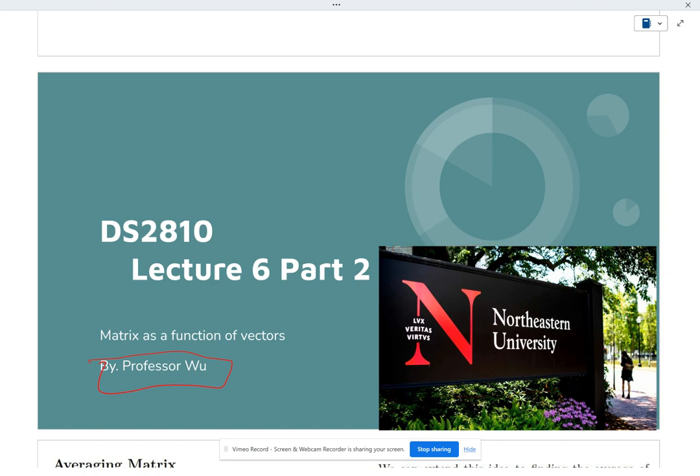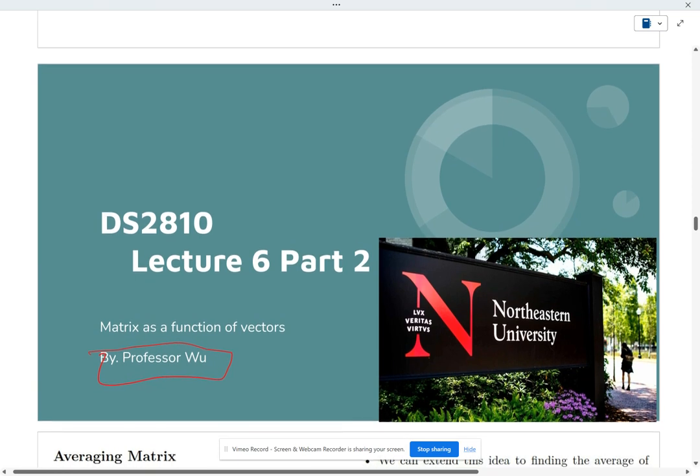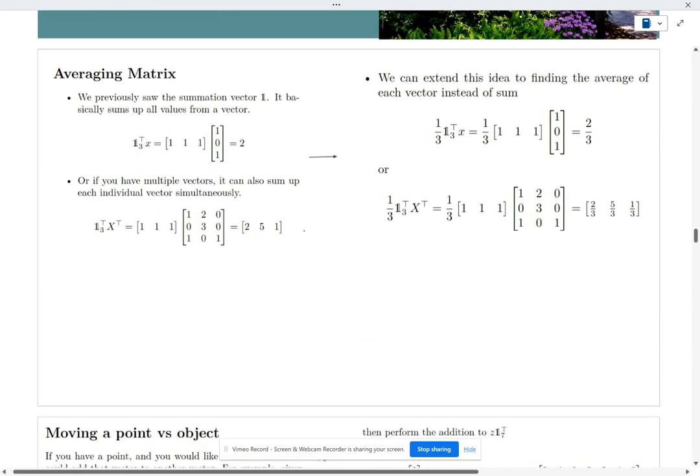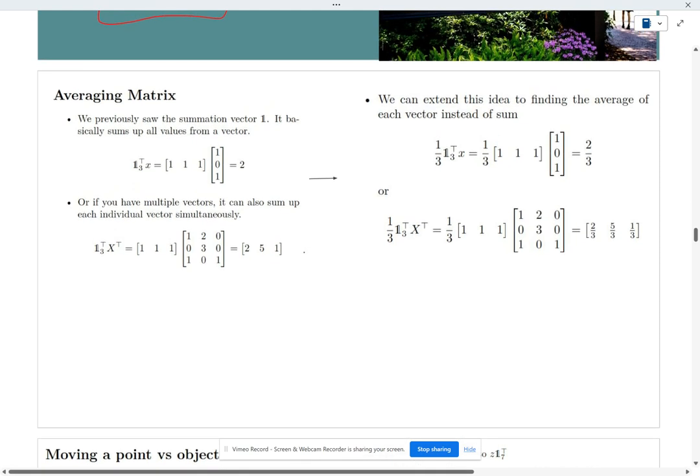Okay, so I think last class we were talking about transforming vectors, like rotation, multiplied by one, multiplied by zero. Last time we talked about averaging. If you remember, if you multiply a vector by the one vector, it's essentially just going to sum up every value.